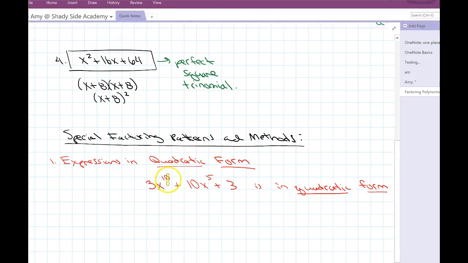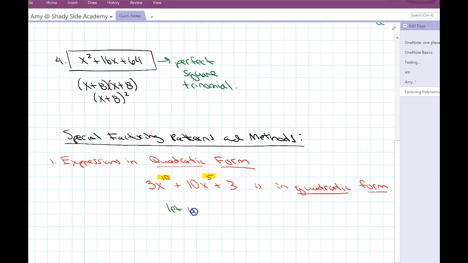You have a trinomial, there is a constant, the degree of the trinomial is 10, and then the degree of the quote-unquote middle term is always half the degree of the trinomial, all right? And the reason why quadratic form is really nice is we can do this substitution.